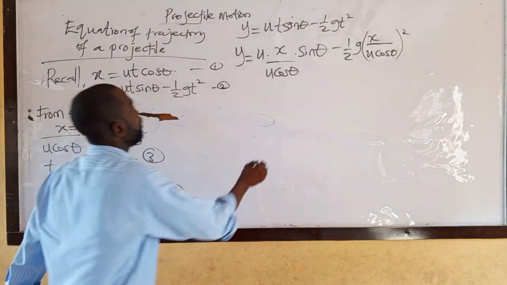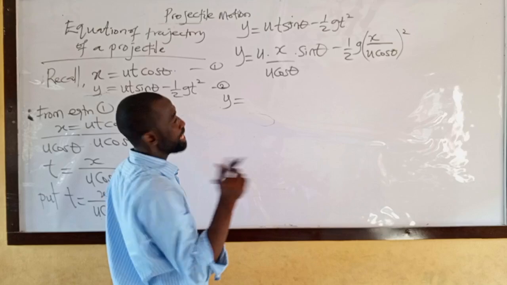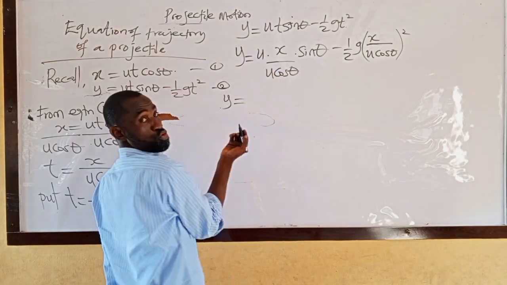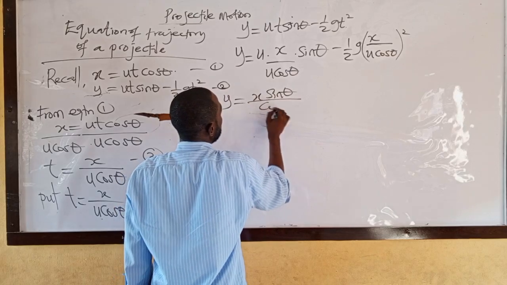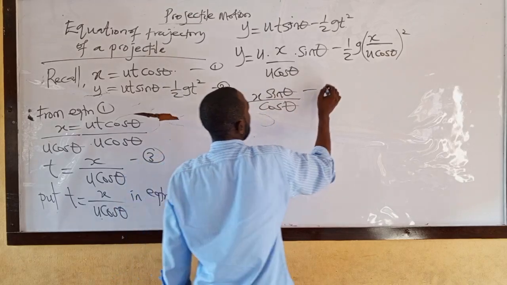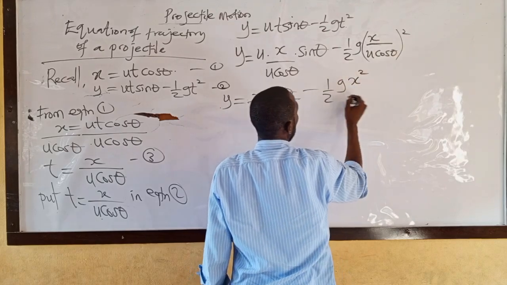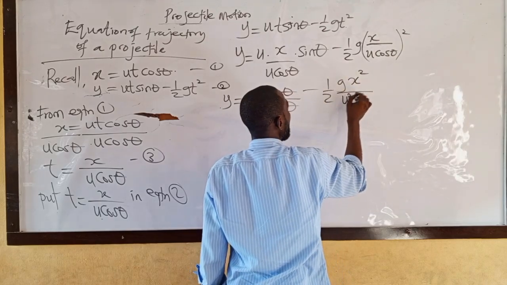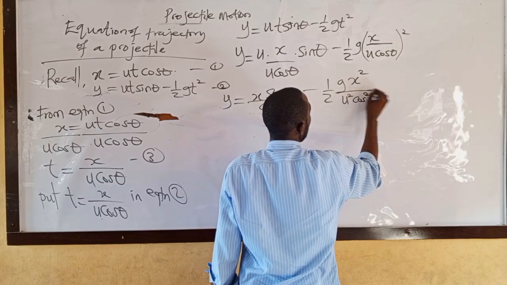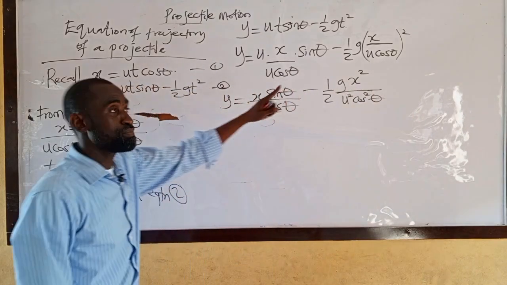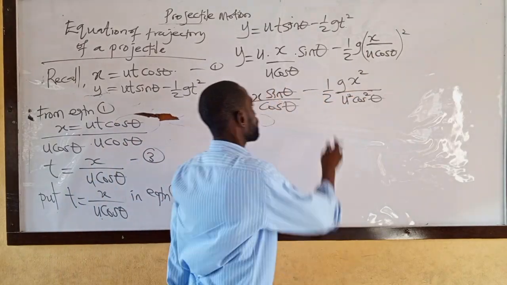So what's the next thing? We have y equals... can anything go here? Yes, we can cancel u. Now we have x sin theta all over cos theta, minus half g times x squared all over u squared cos squared theta.